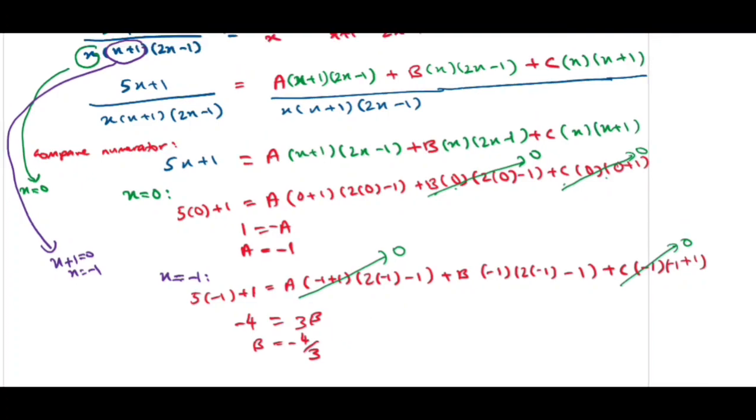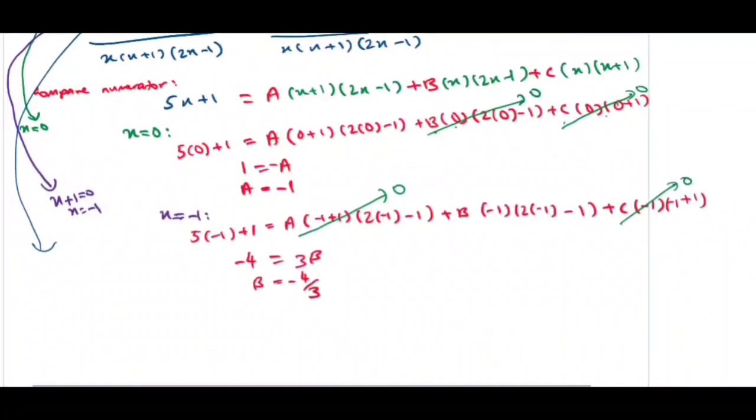Next step, you can choose the other linear factor and substitute that value. So the other linear factor is 2x minus 1 equal to 0, x is equal to 1 over 2. So our next step is to substitute 1 over 2 into the x.